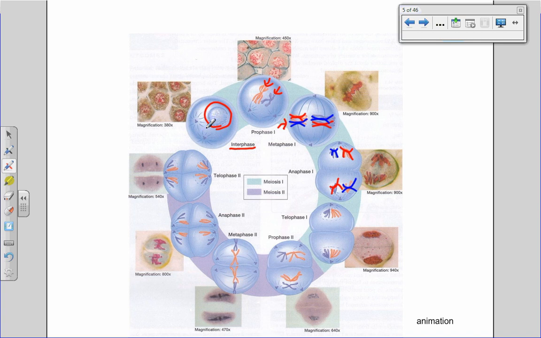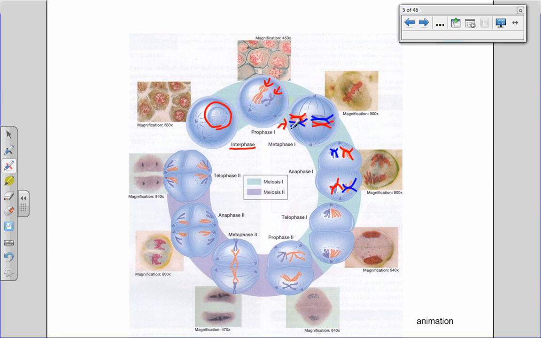Now there are 2 sets of centrioles because it's an animal cell. There'd be proteins there ready to make the spindle fibers and all those things getting ready for the cell division to happen. In prophase, the nuclear membrane has disappeared.